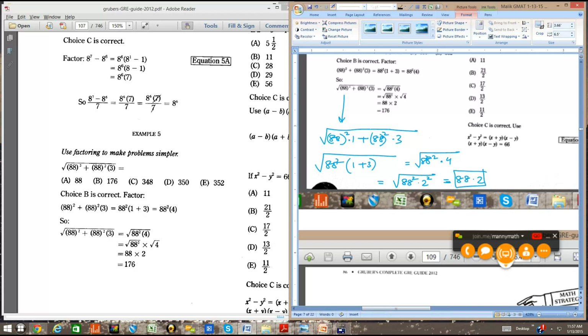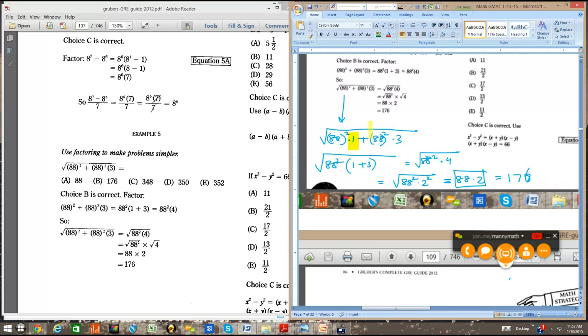So can we just do that one more time, step by step? First, what I did was I took the question and I rewrote it with times 1. The only new thing I did here was I multiplied it with 1. Clear? Okay, then I took 88 square common.